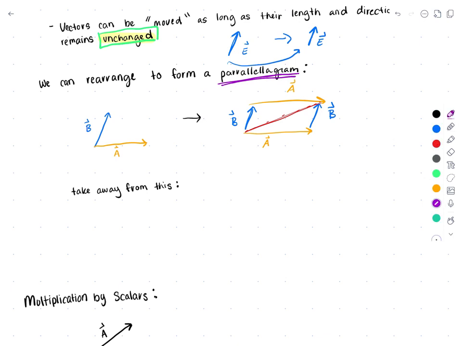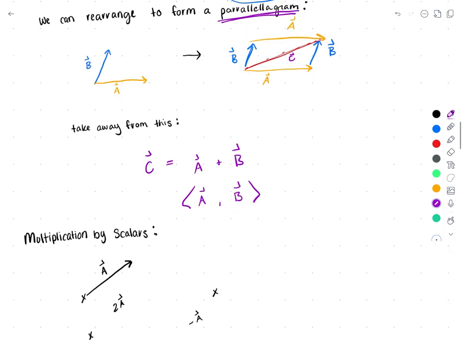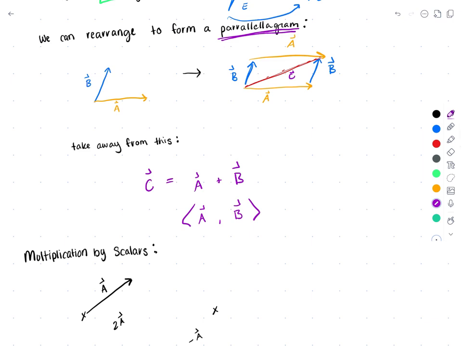We'll call this hypotenuse C, and this is our major takeaway: C will be equal to vector A plus vector B. So let's write that out.